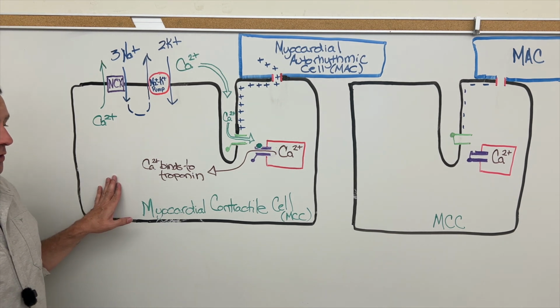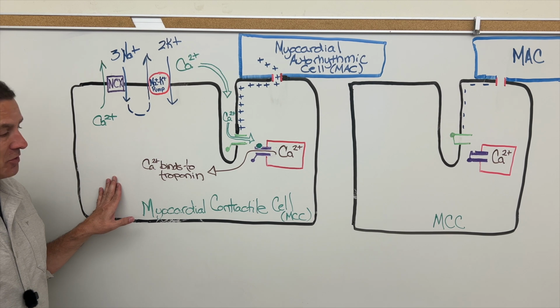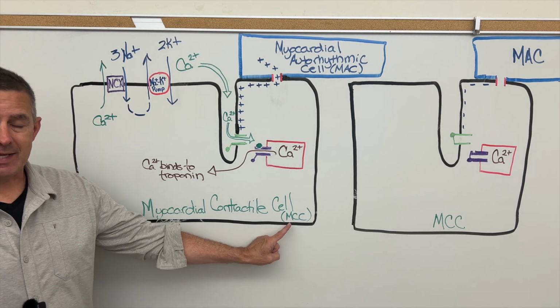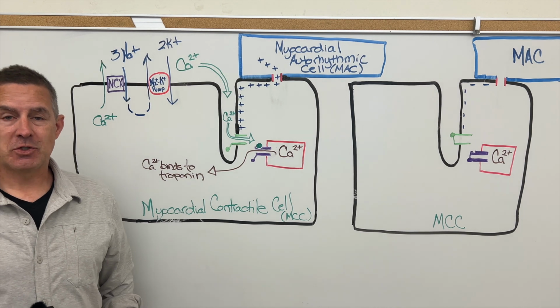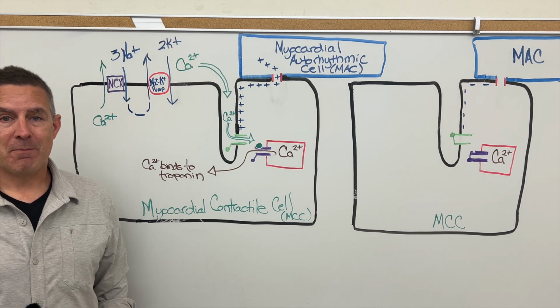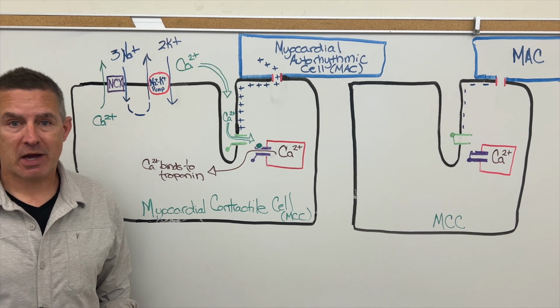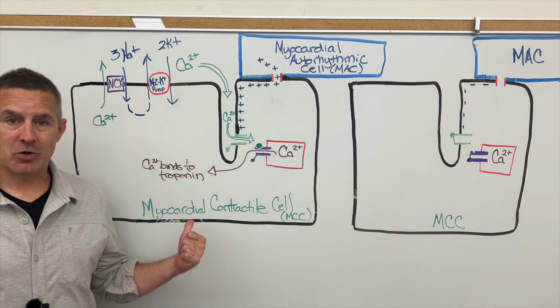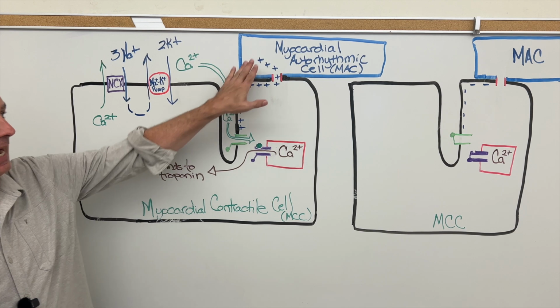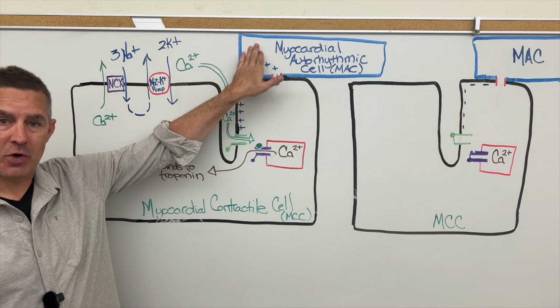What I am showing here is a myocardial contractile cell that I often abbreviate as an MCC. The myocardium, myo means muscle, cardium refers to heart. The myocardium is composed of two types of cells: the myocardial contractile cells, and myocardial autorhythmic cells.